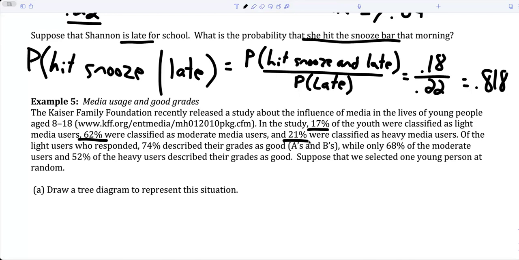Of the light users, 74% described their grades as good, A's and B's, while only 60% of the moderate and 52% of the heavy users did. Suppose we select one person at random. Part A says, draw a tree diagram to represent this situation.